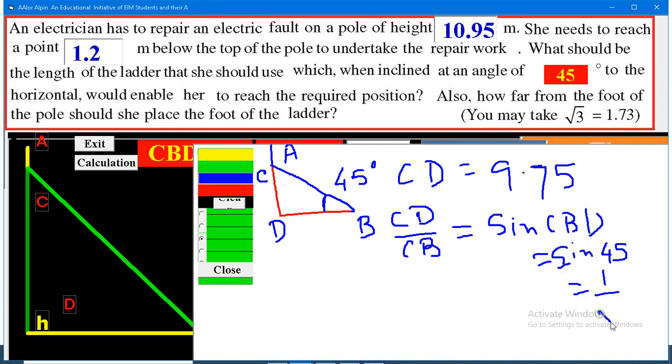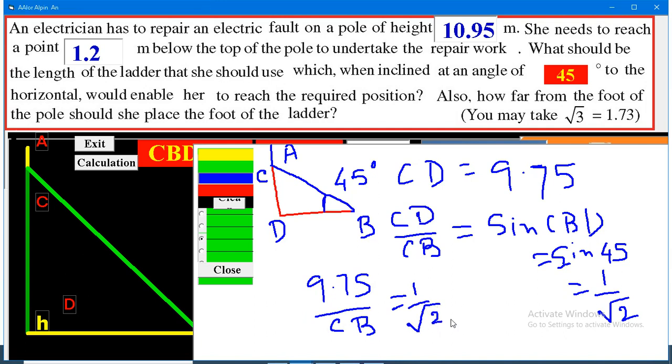Now substitute the value. CD is 9.75 by CB, I have to find out, is equal to 1 by root 2. So by doing cross multiplication, we can find out CB is equal to 9.75 into root 2.